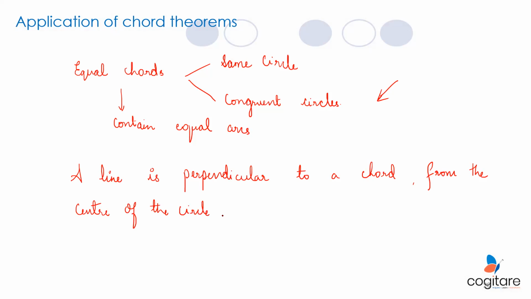I think this is one of the very important outcomes. A line that is perpendicular to a chord from the center, not any other point, but from the center of the circle to the chord, then it bisects the chord.